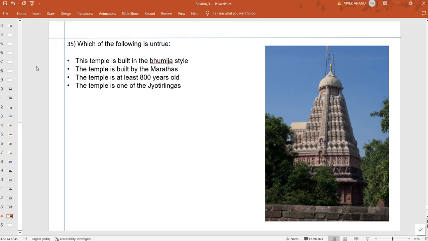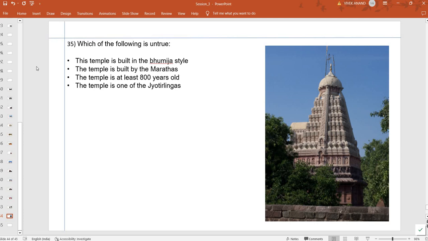Which feature of this building made you come to this point? It looks new. If it gets old, then it will be from the 12th century or earlier. 800 years old means 12th century. It looks new, but it is at least an 800-year-old temple.